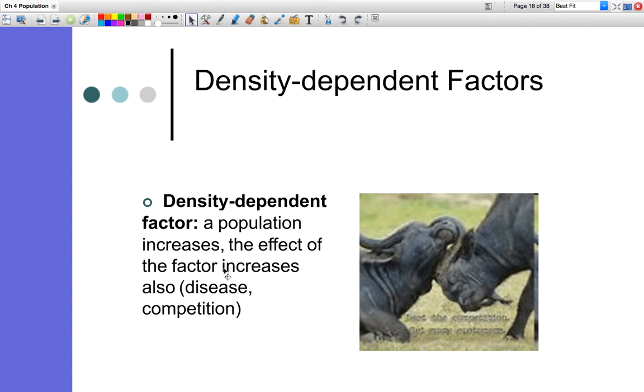Disease, again: in large populations, there are more vectors for disease to spread amongst that population.